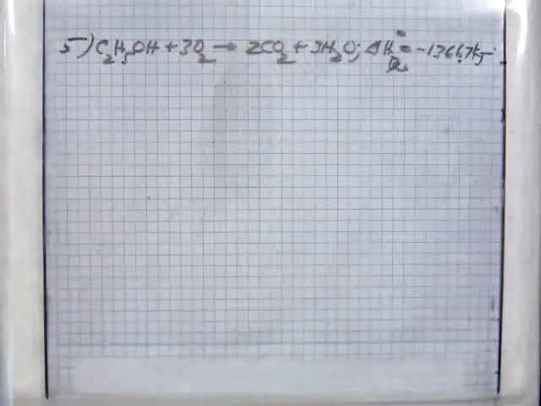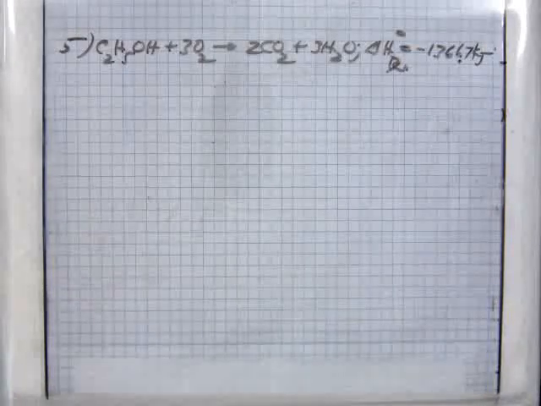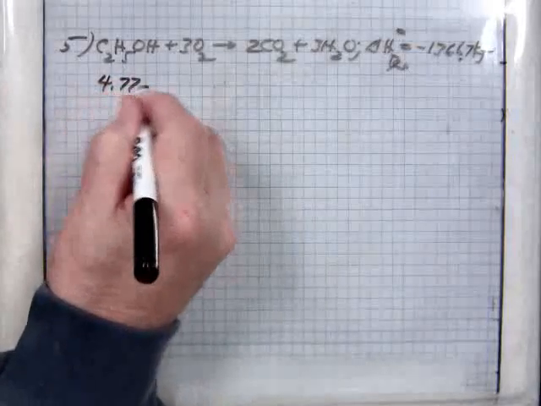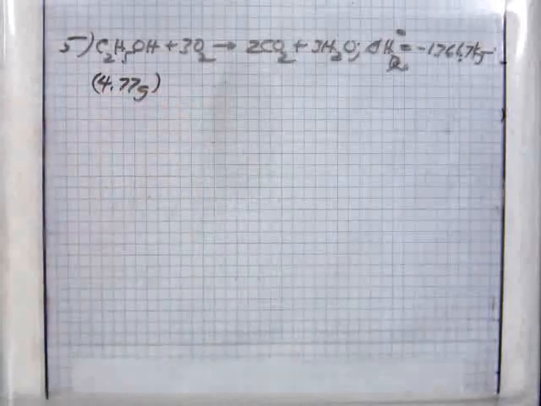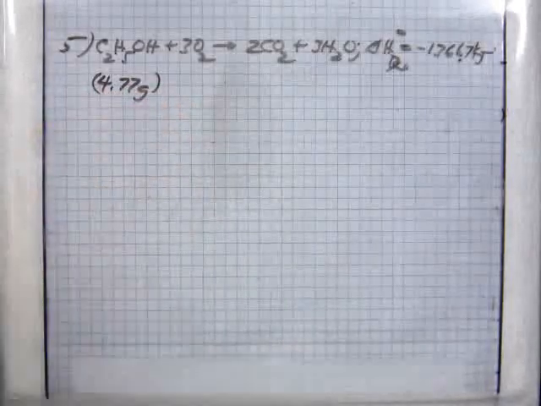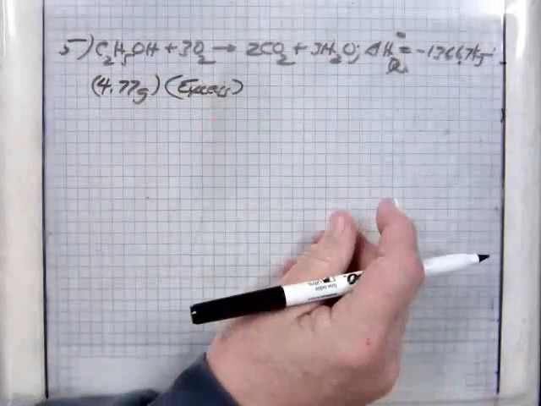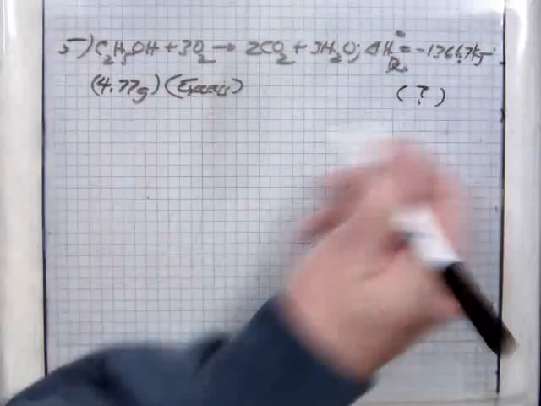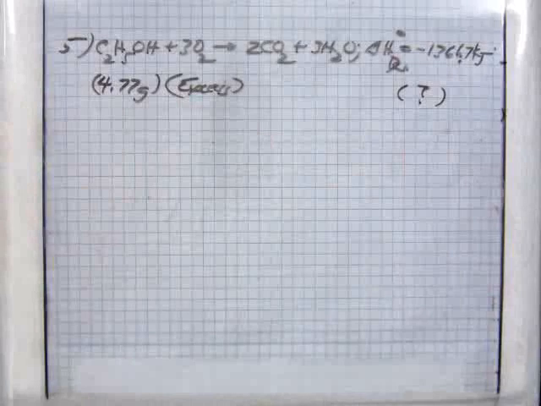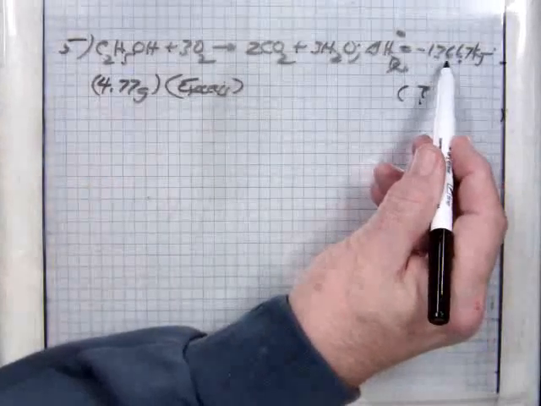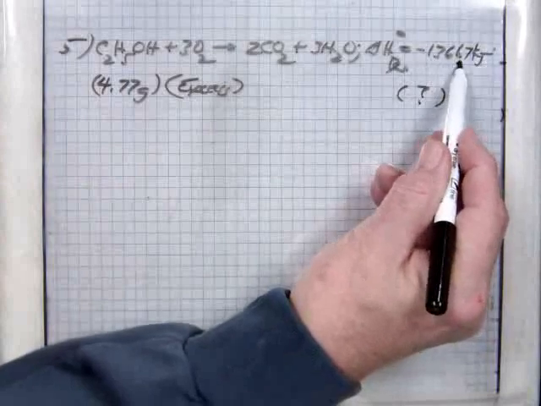Okay, this is just the equation written down with this energy number. It says how much heat will be released when 4.77 grams of ethanol reacts with an excess of O2. And so our energy number is what we're looking for. Well, here 1 mole will give you minus 1366.7 kilojoules.